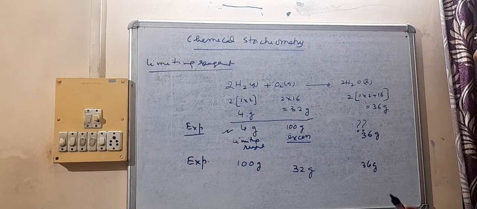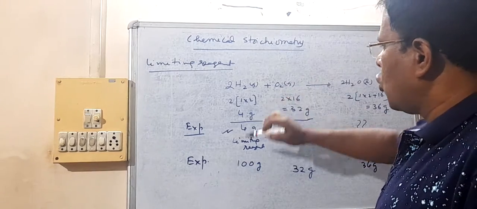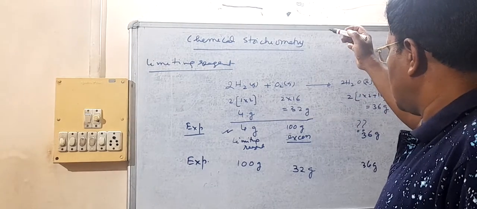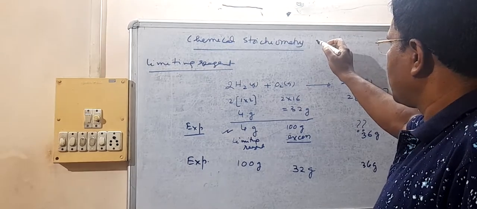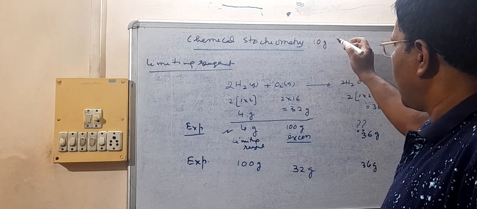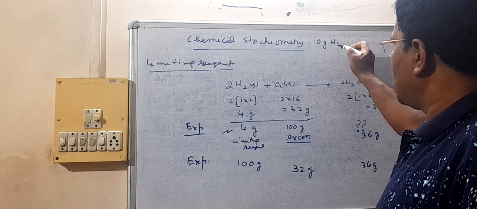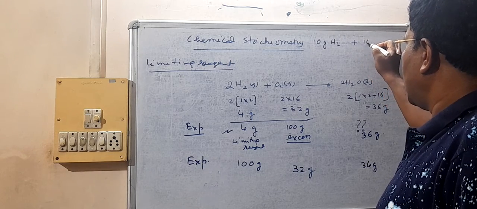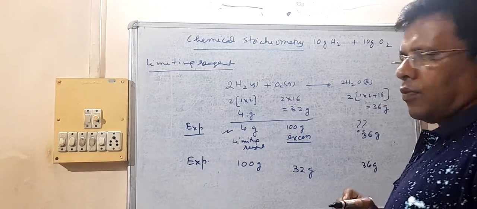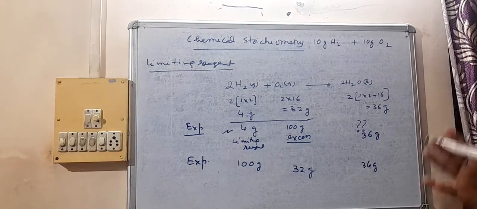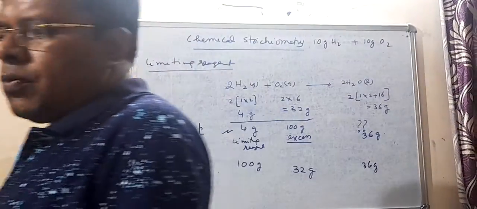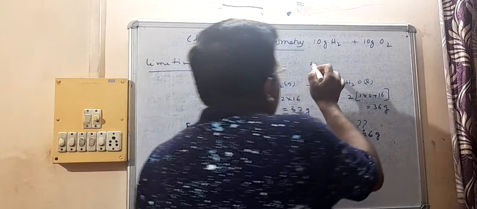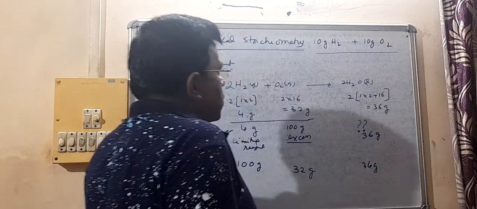Suppose a question which involves a limiting reagent is: we have 10 gram hydrogen, and it is made to react with 10 gram oxygen, and what will be the amount of water produced?